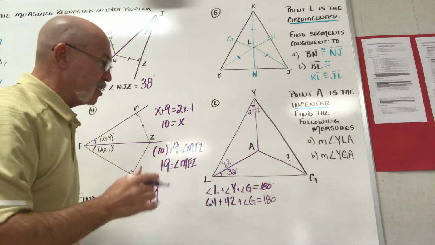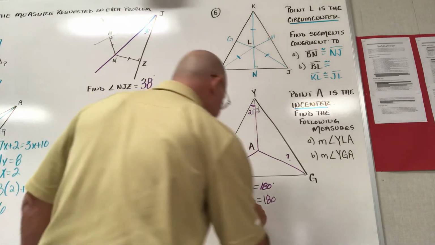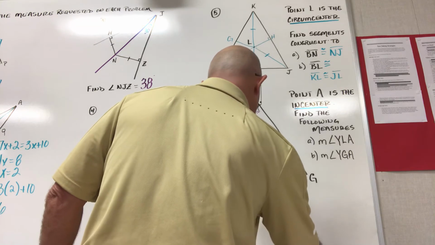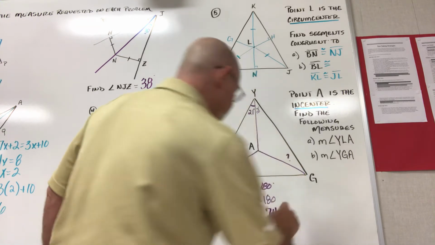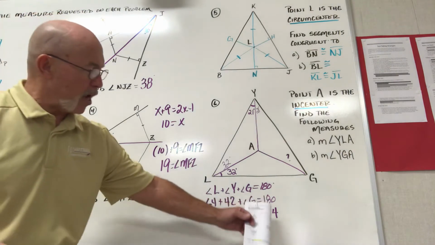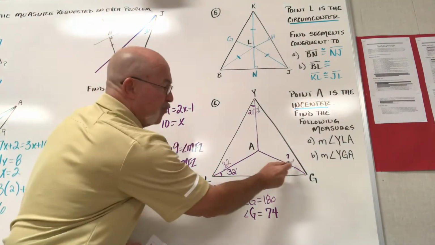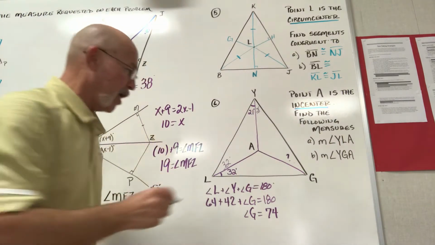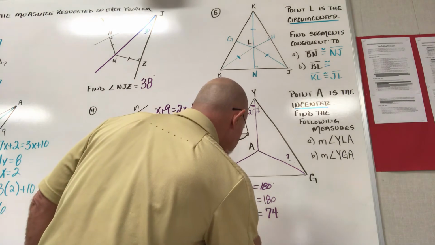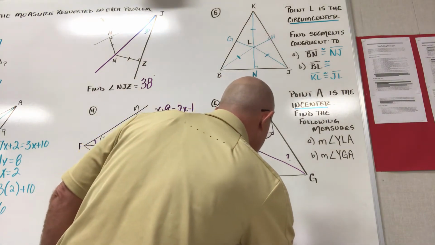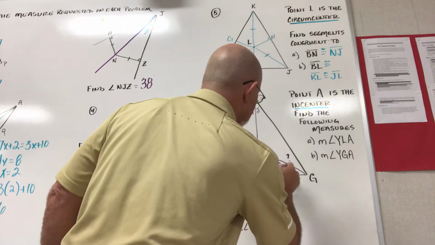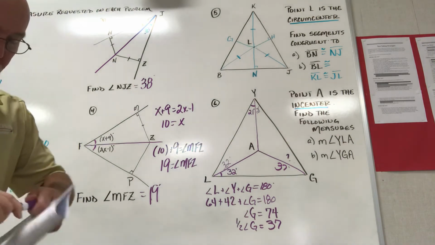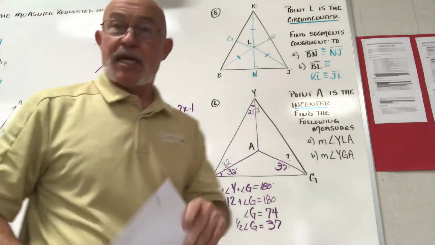That's going to tell me what all of angle G is. So that's 106 subtracted from 180 is 74. Now this, because the angle was bisected, is half of angle G. So each of those is 37 degrees. So that's how you solve those.